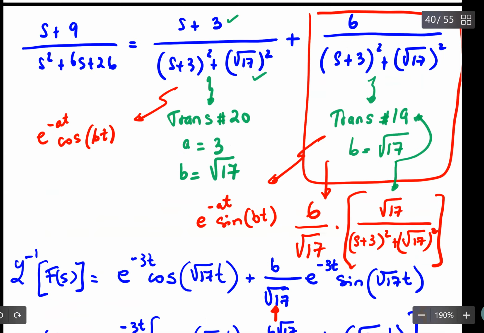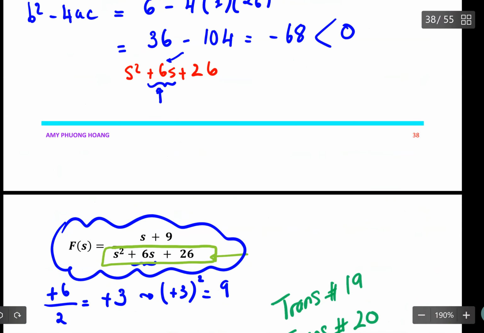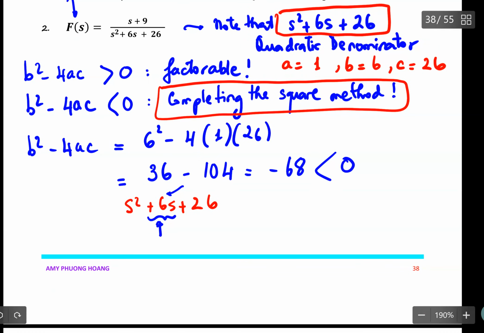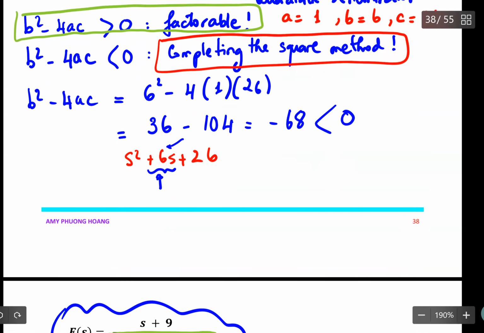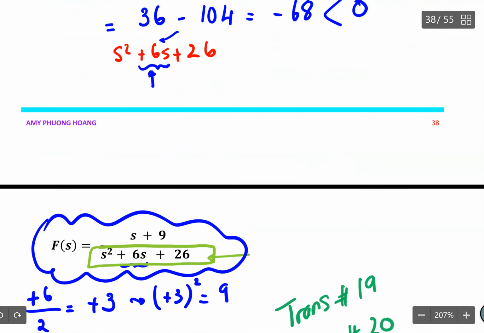Okay, so let's go back to our previous example and we examine this. If b squared minus 4ac is greater than 0, then this quadratic is factorable.